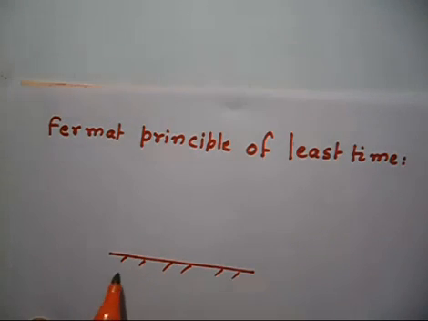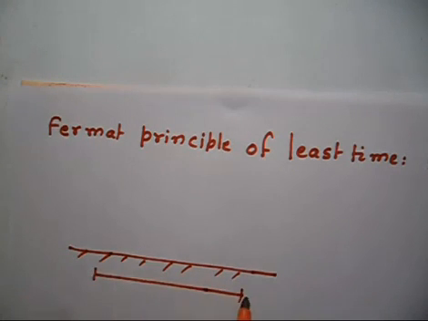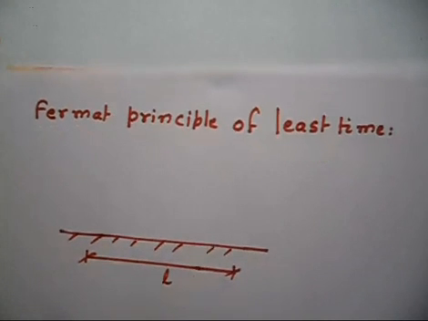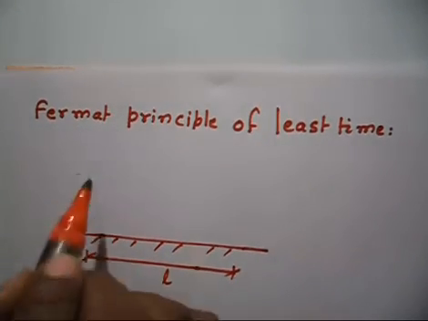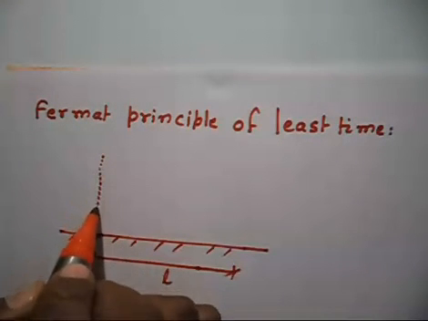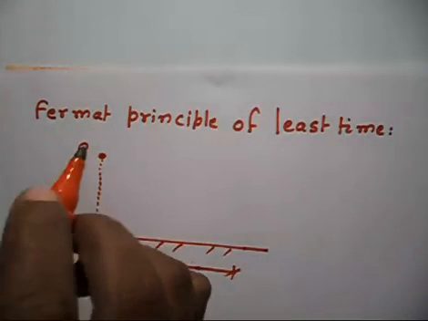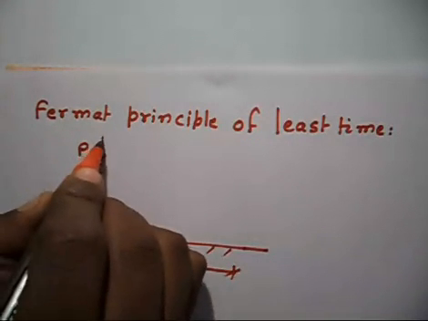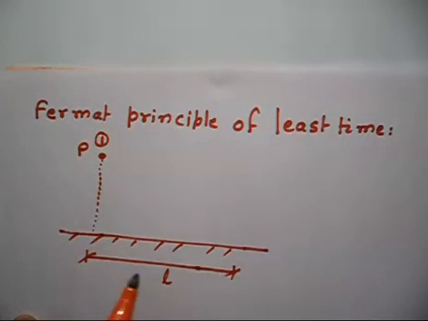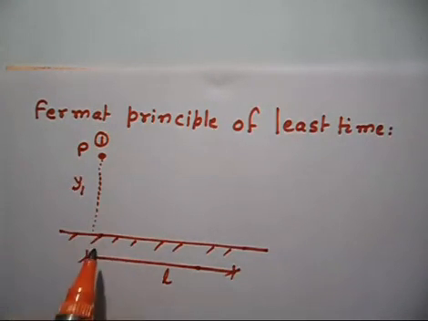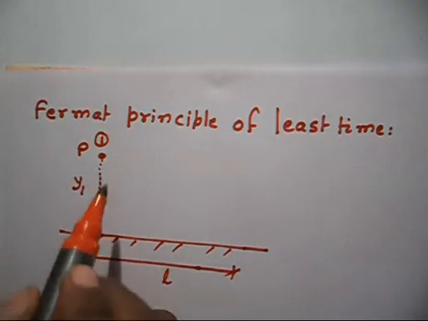The length of the mirror is L. Now we have a point perpendicular, point P, let us call it point 1. This perpendicular distance is y1.